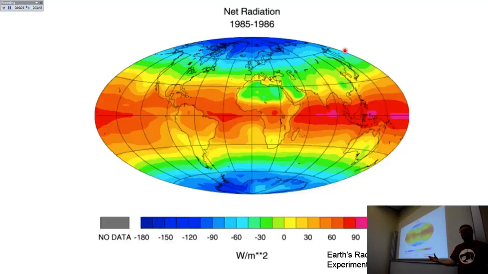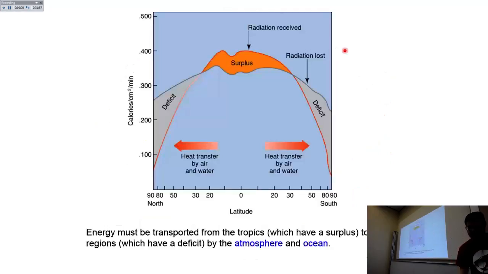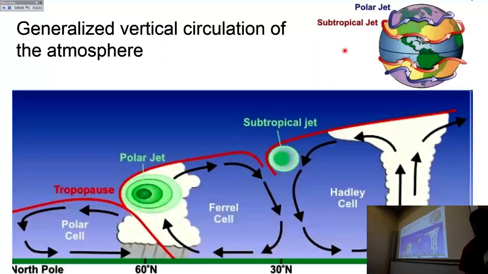And that can't be sustainable, because if it were, the poles would just get colder and colder and colder. So to maintain this surplus of energy coming in at the equator and this deficit at the poles, the atmosphere has got to move that heat from the equator to the poles. And this is what drives our atmospheric circulation. It's why we get weather.